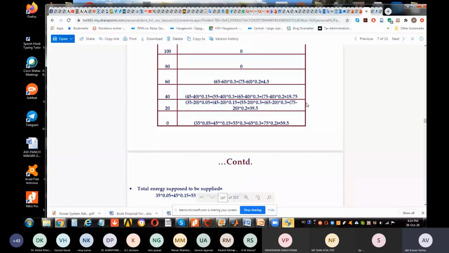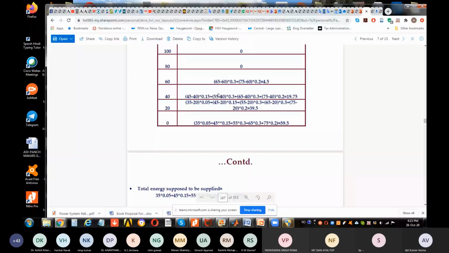So that's 39.5. Then when your capacity is 40, you don't lose at 35, but you lose when you have 45. You lose 5 megawatts here, 15 megawatt here, 25 megawatt, and 35 megawatts, and the percentages of time remain the same. So that's 19.75. When you are in state 60, you won't lose at the 45 and 55 megawatt loads, but you'll lose when the load is 65 and 75.